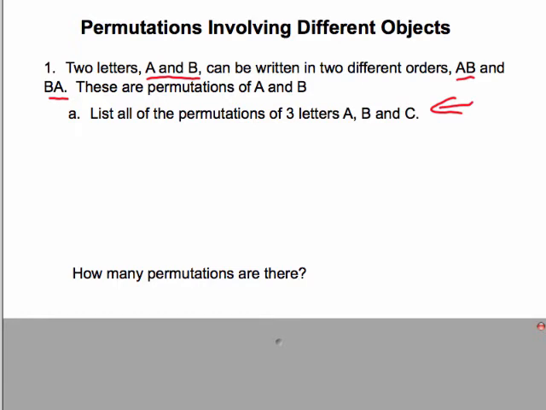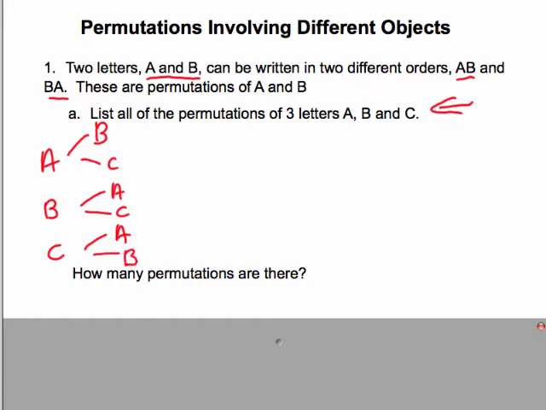So I can try to write them all out, or a more systematic way to get the possibilities is to use a tree diagram, which we talked about in the first video. So let's just do that. My first letter choice could be A or B or a C. If I choose A as the first letter, then I could have B and C as the second letter. B is the first, A and C is the second, C is the first, A and B is the second.